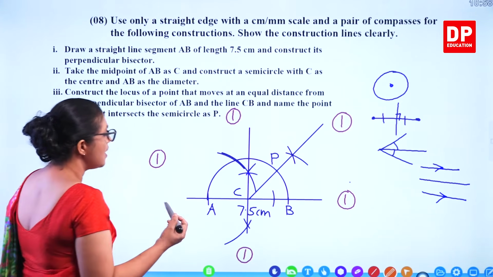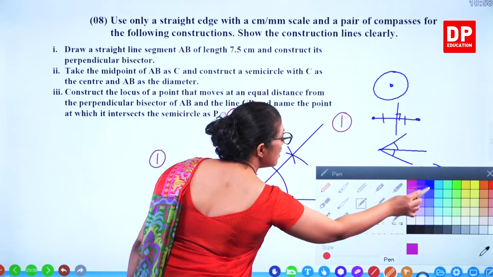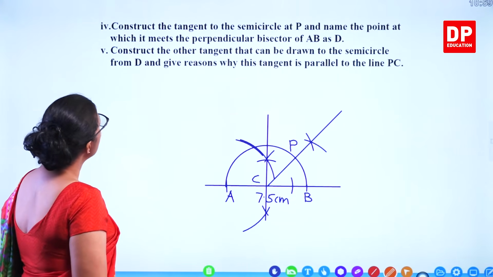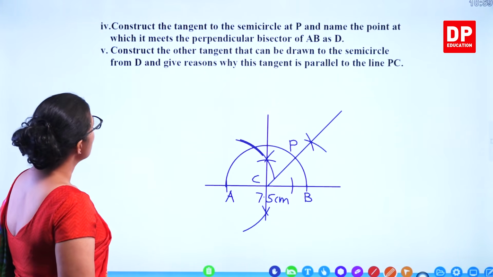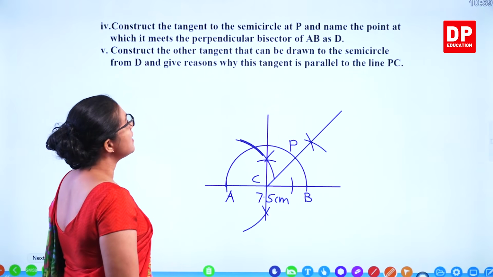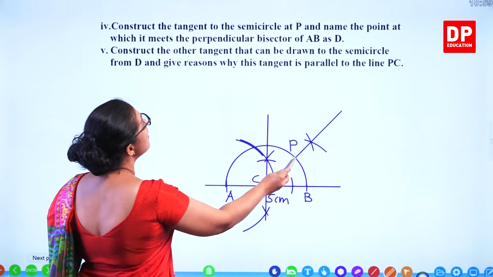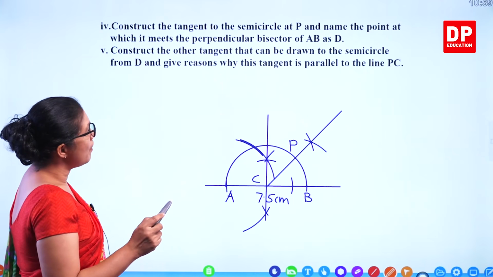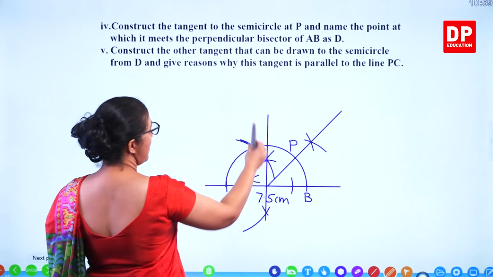Now we'll see how we do the next 2 parts. Now take a look at 4th part. Construct the tangent to the semicircle at P and name the point at which it meets the perpendicular bisector of AB.